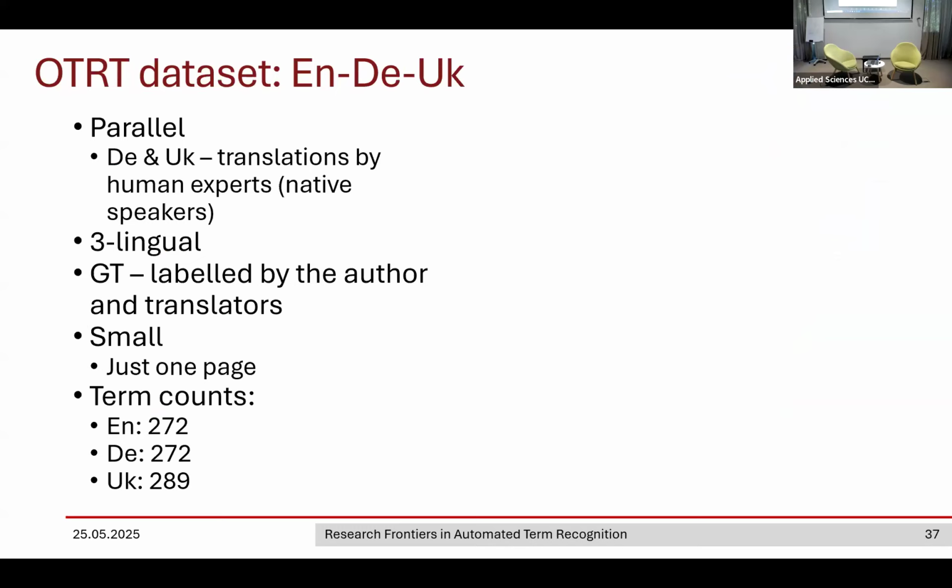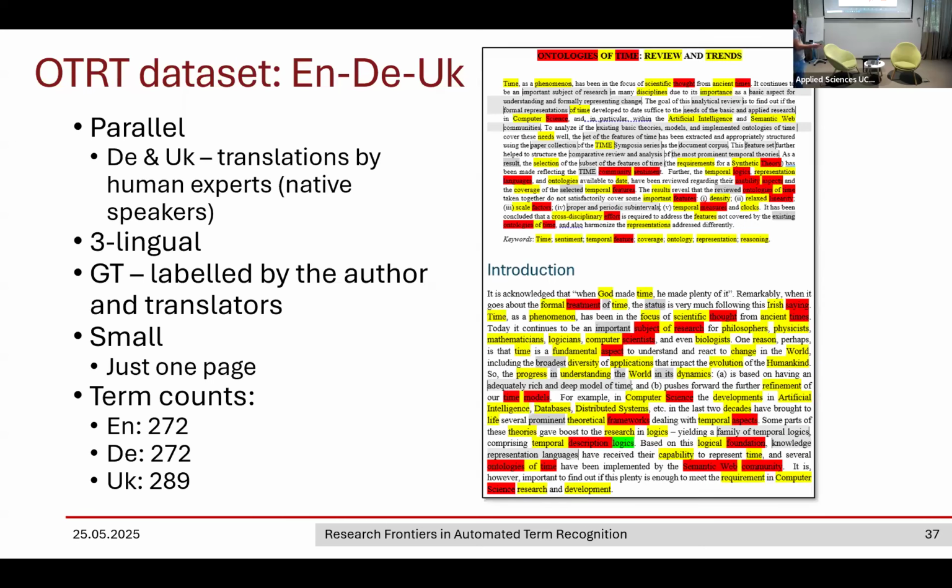And this is the data set we used for initial testing of Extractomat. It is trilingual: English, German, and Ukrainian parallel corpora. German and Ukrainian translations have been done by native speakers and experts in the domain. And the domain was knowledge representations of time.